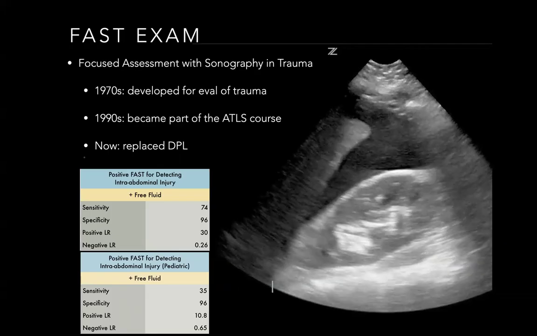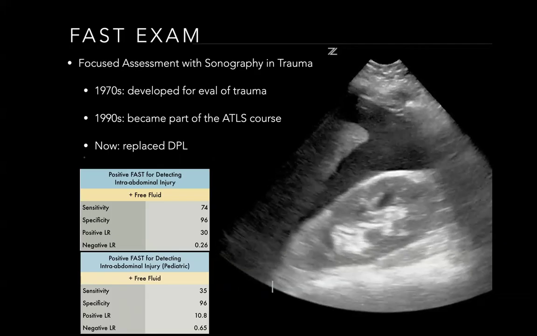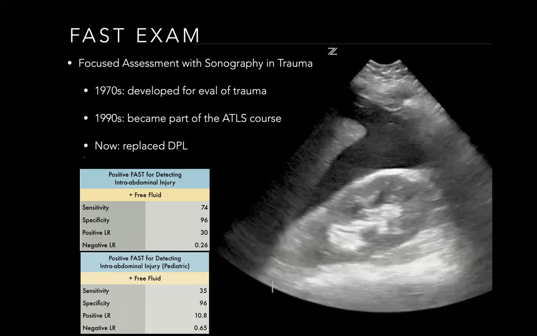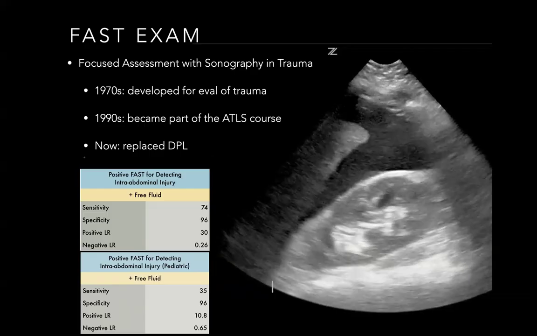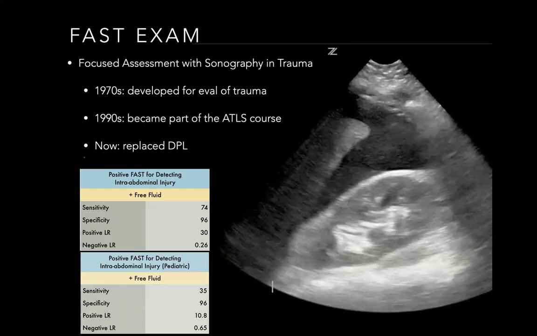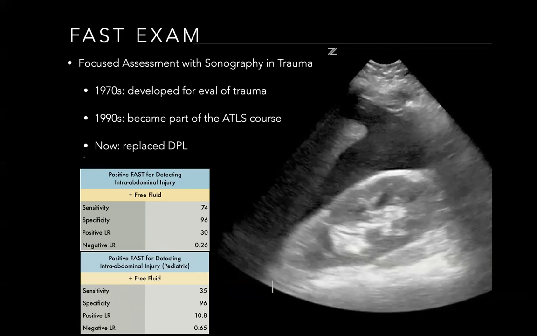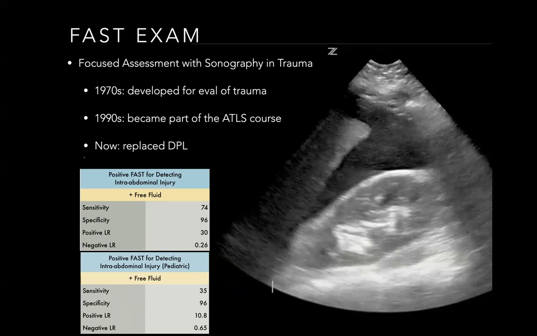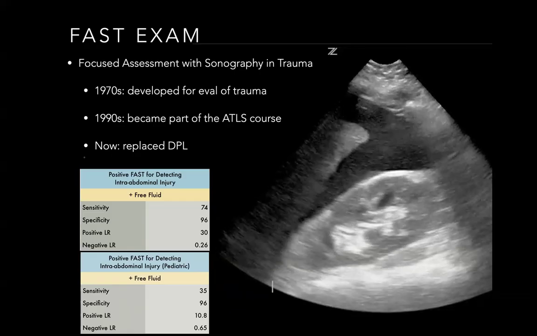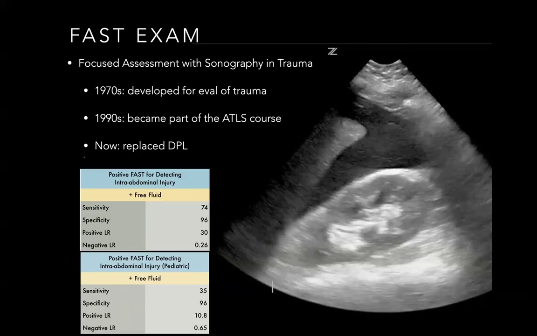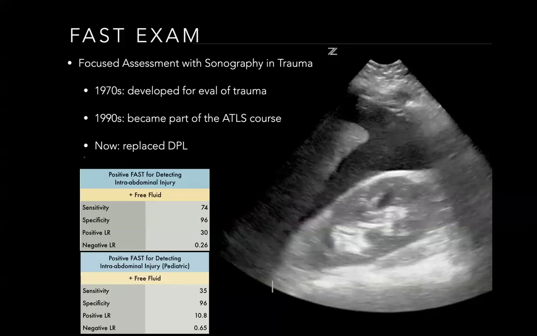However, with ultrasound, this is a much easier and non-invasive way of looking for free fluid. As you can see, sensitivities are fairly low in the adult and pediatric literature, but specificities, if you see it there, it's truly there, and it's very high, in the 96th percentile.